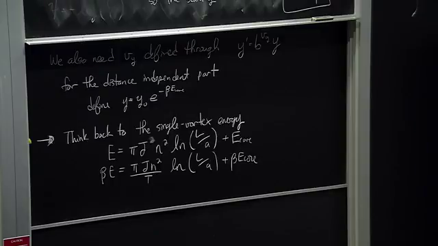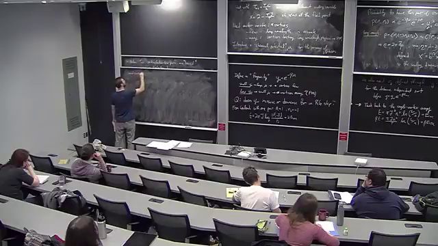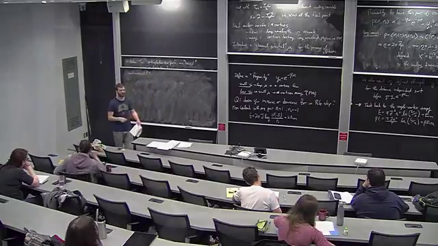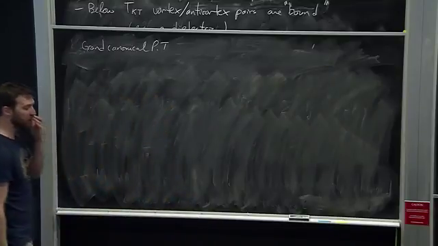So I have Z, I have a sum over all the possible ways that this core can be put into the system.